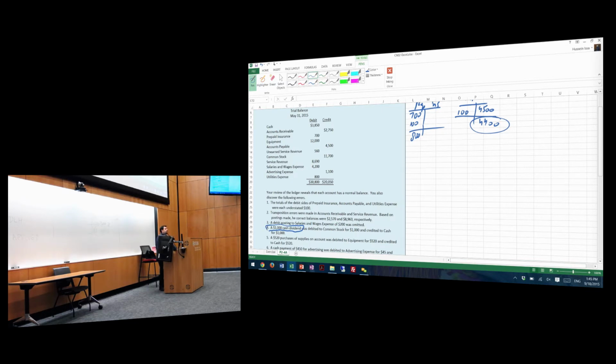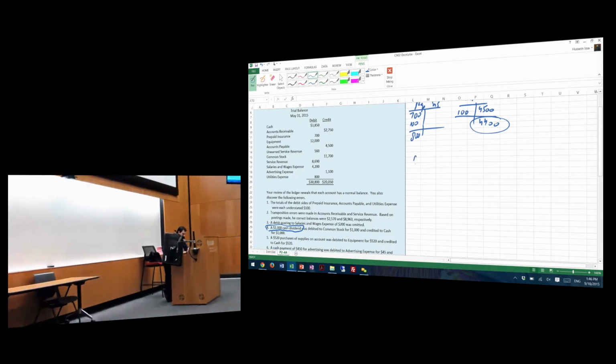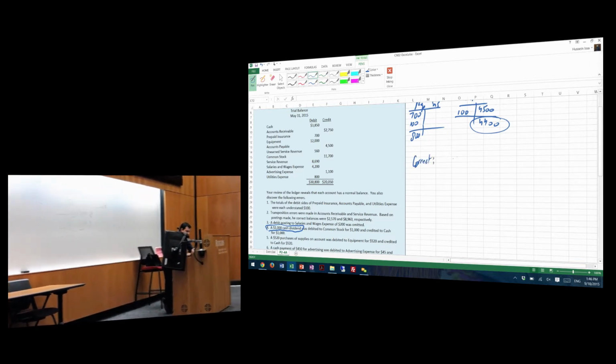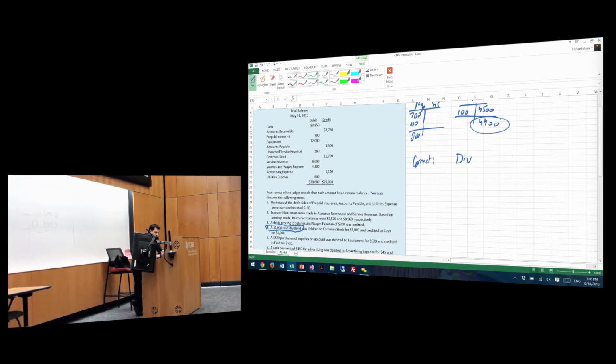What do you do here? Yes. Instead of crediting common stock, you would credit dividends. Yeah, but just that's correct actually. So you debit dividend and you credit cash. So the correct one is: debit dividend 1,000, credit cash 1,000.